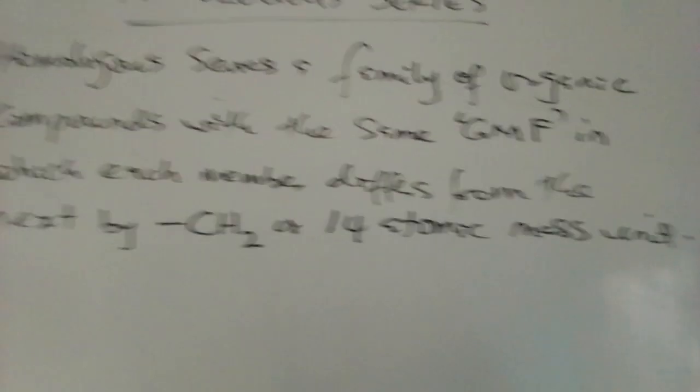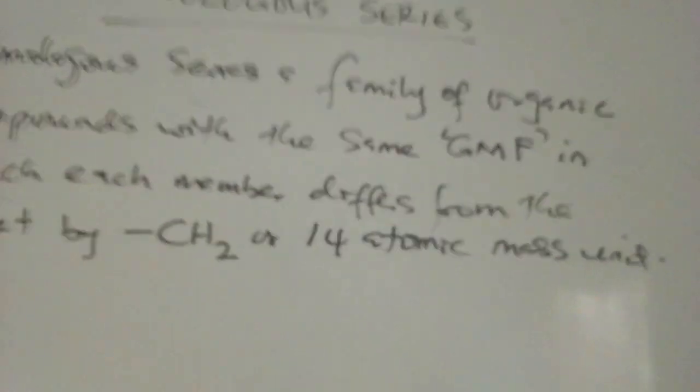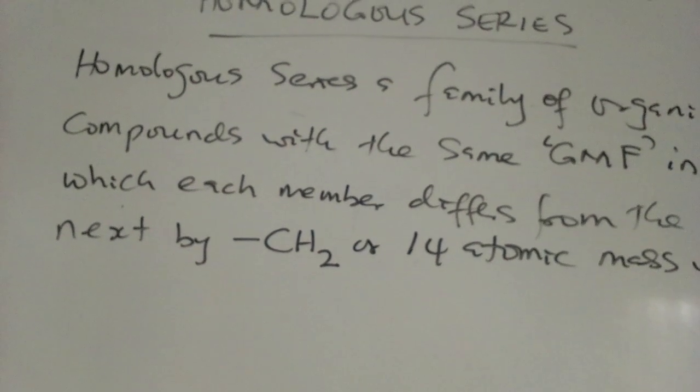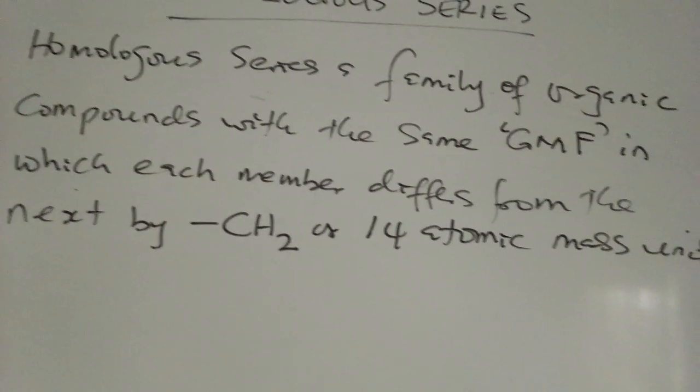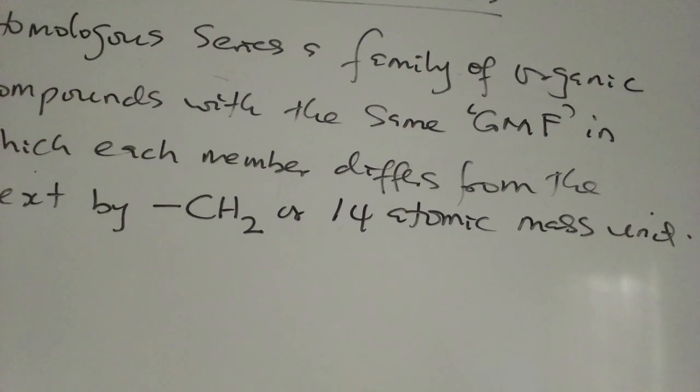So this is how we define a homologous series: a family of organic compounds with the same general molecular formula in which each member differs from the next by a CH2 group or 14 atomic mass units.